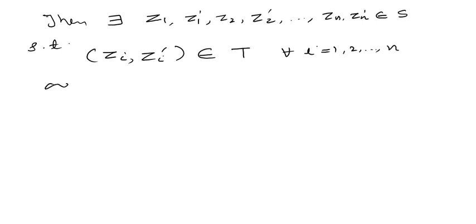This z1 is the first element, this is x, and the last zn dash is y. So this is the definition of composition actually.